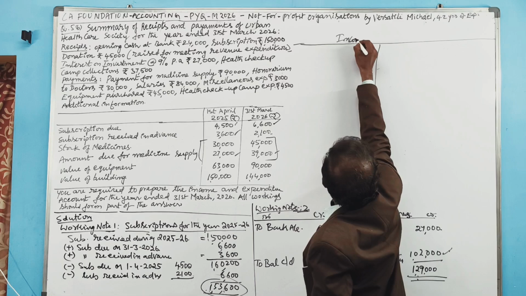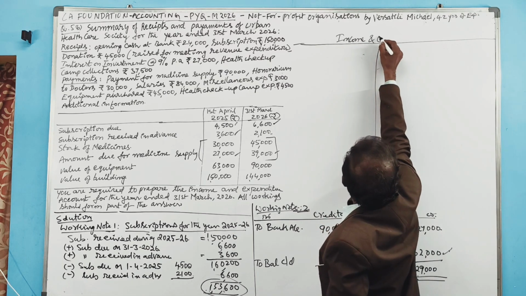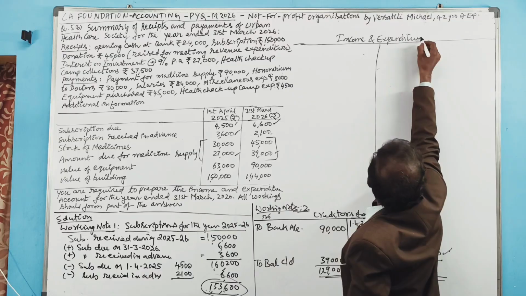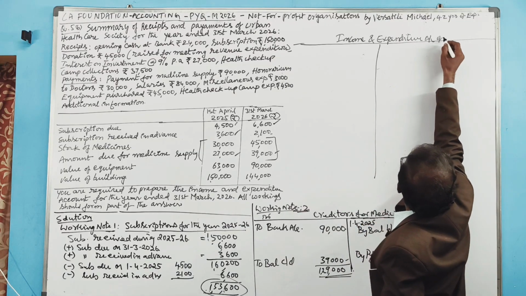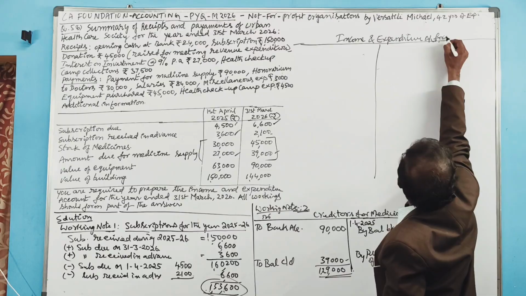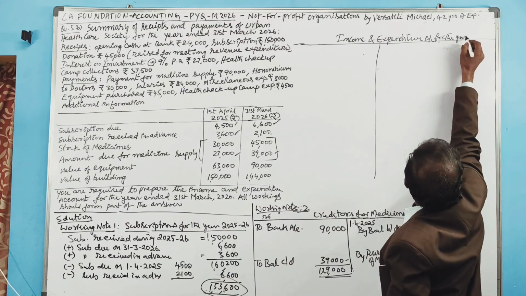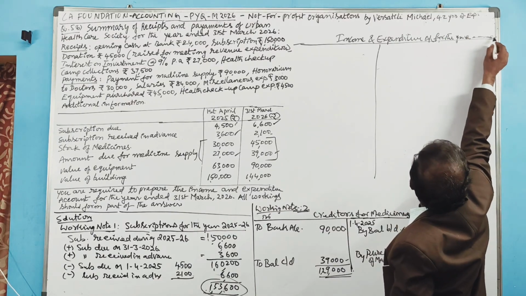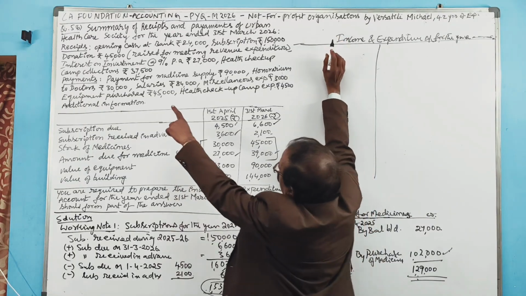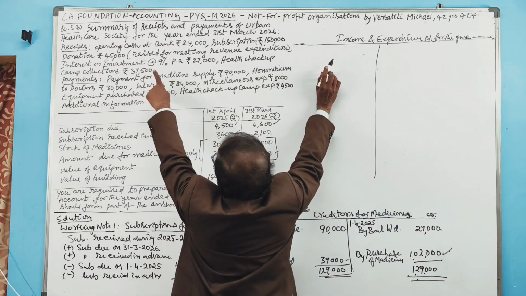Income and expenditure account of, okay, for the year ended dash dash. Date you have to write here. Here what you have to write? The name of the organization.